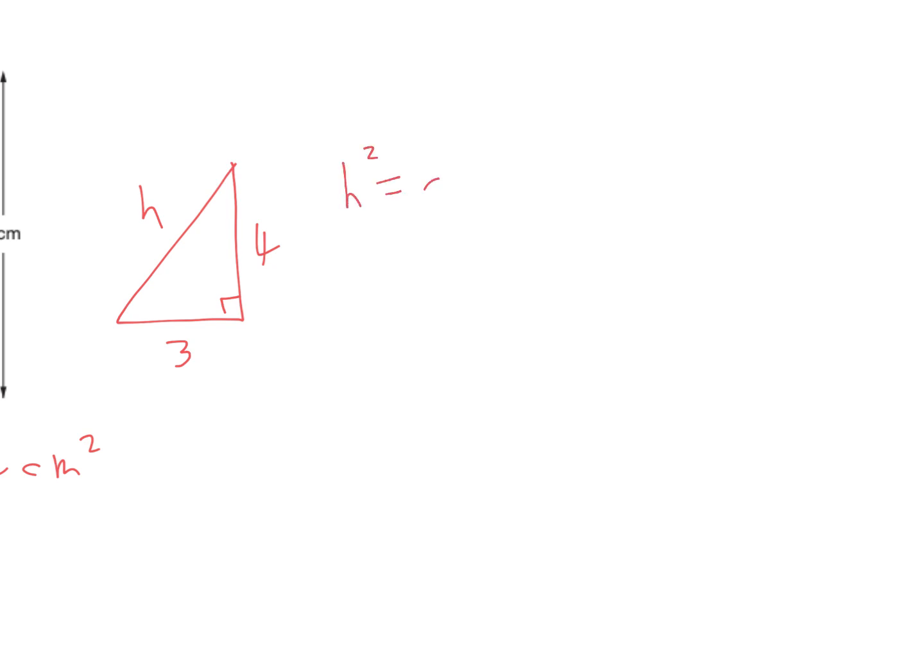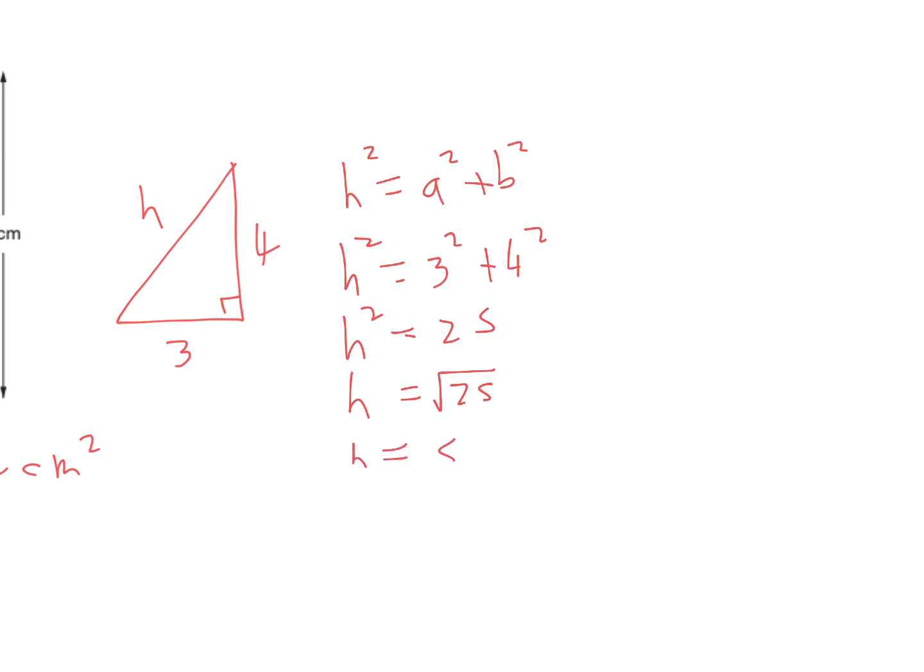Pythagoras' theorem tells me that h squared is a squared plus b squared. The longest side squared is the short side squared plus the other short side squared. So in this case, 3 squared plus 4 squared. 3 squared plus 4 squared is 25. So to find the hypotenuse, we have to square root 25, which gives us 5.